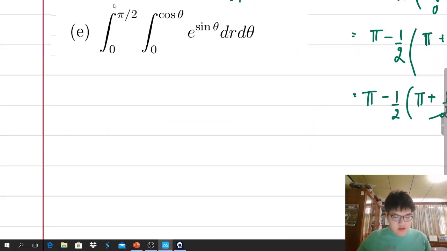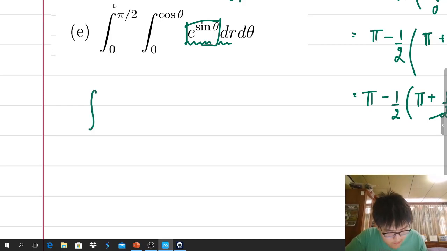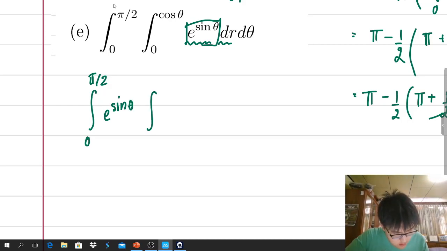The last example. You look at this. This one is the inside integral with respect to r. Okay. And this one you can see, it's just not any r inside, but we will consider it a constant. Yes, we will take it to be constant. And we do the integral from 0 to pi over 2, of e to the power of sine theta, from 0 to cosine theta, dr d theta.